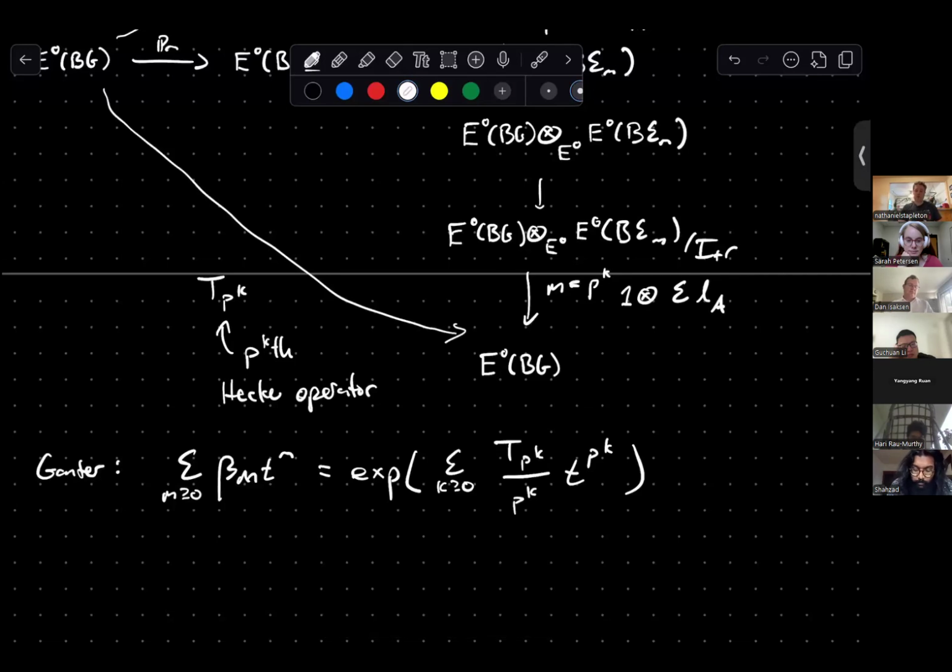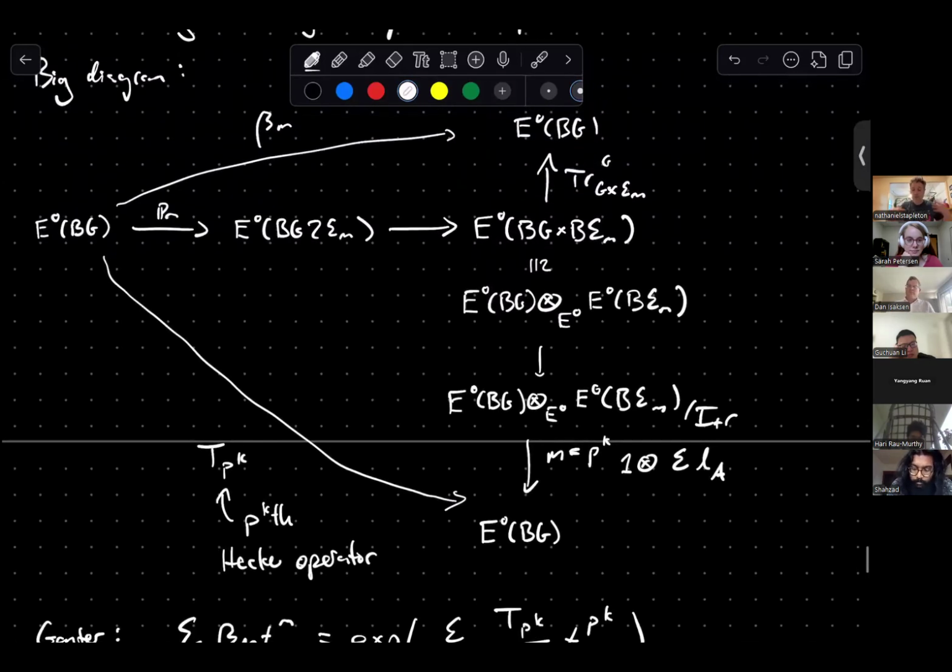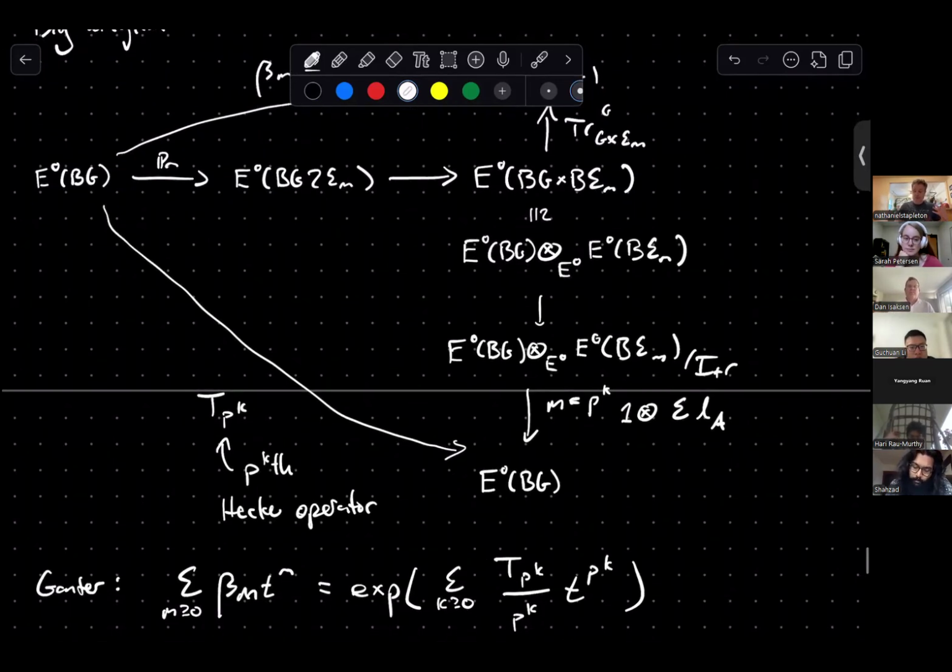So if you're asking what the logarithm of the sum of symmetric powers is in the case of Morava E-theory, there's a really nice answer to that question. The correct generalization of the Adams operations to Morava E-theory, at least as far as the symmetric powers are concerned, are these Hecke operators. There are Adams operations on Morava E-theory, but they're not the thing that has this role with the symmetric powers. It's these Hecke operators that do.